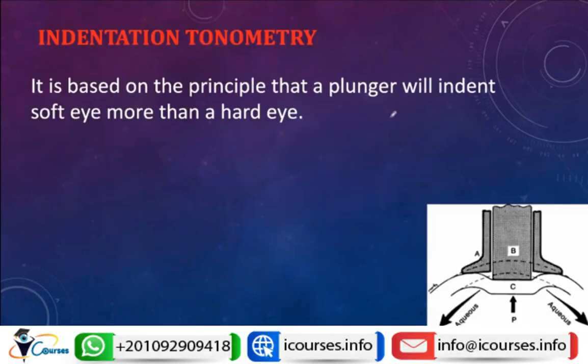Let's start with indentation tonometry. In indentation tonometry, we use a plunger. This plunger will indent the soft eye more than the hard eye. So the basic principle is that this plunger will displace the cornea, and by putting a weight, this will cause more displacement of the cornea.